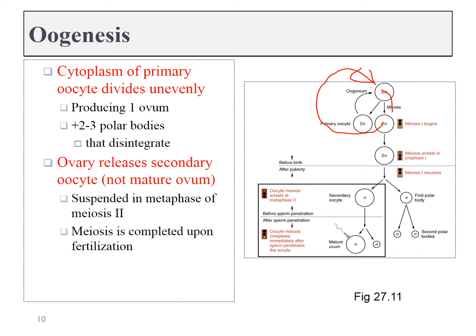In addition, when one of these stem cells begins meiosis, it does not produce 4 mature sex cells, but only 1, and then 3 unused cells known as polar bodies. These unequal cell divisions mean that one cell keeps all of the cytoplasm. It's got more cytoplasm than your average cell. And then I've got 3 remnants, which are really no more than waste buckets for some extra DNA that was not needed.